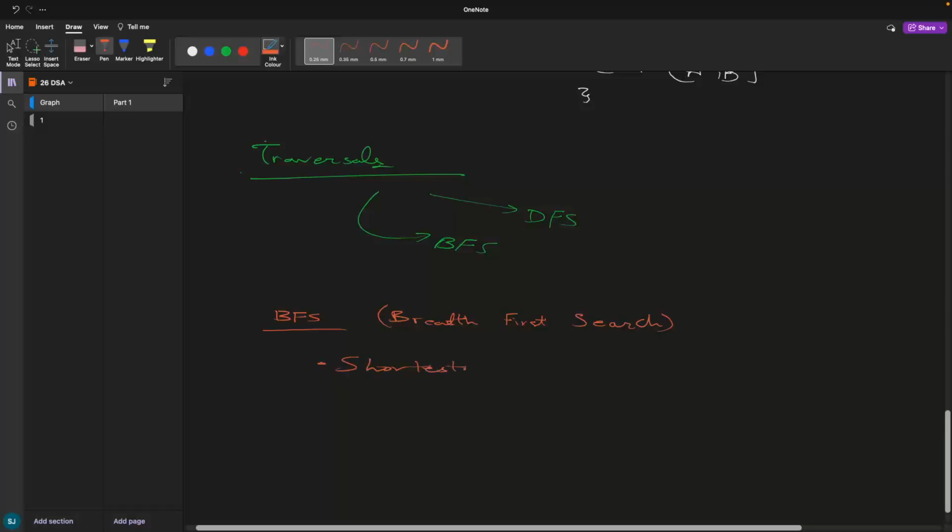Just remember this: shortest path means BFS, end of the story. You don't even have to think twice. So your use cases could end up with minimum moves or steps, or basically anything involving a minimum, or the connection degrees.